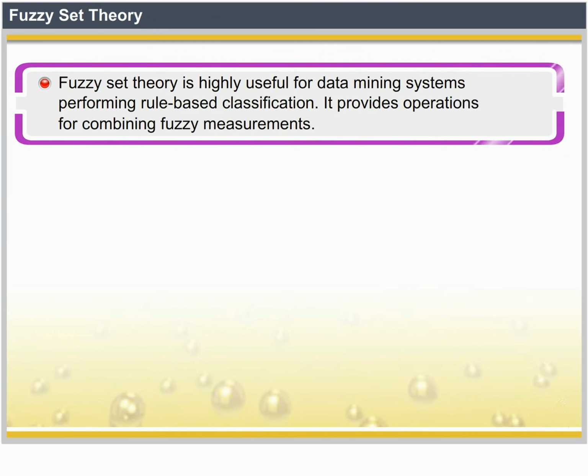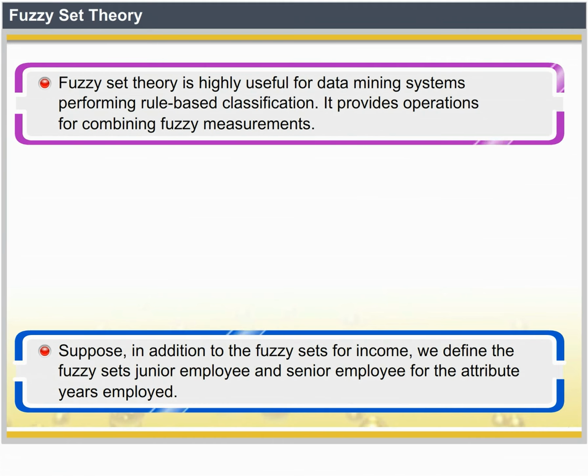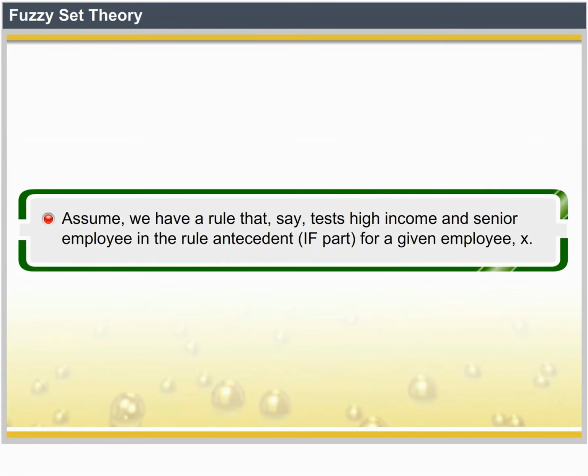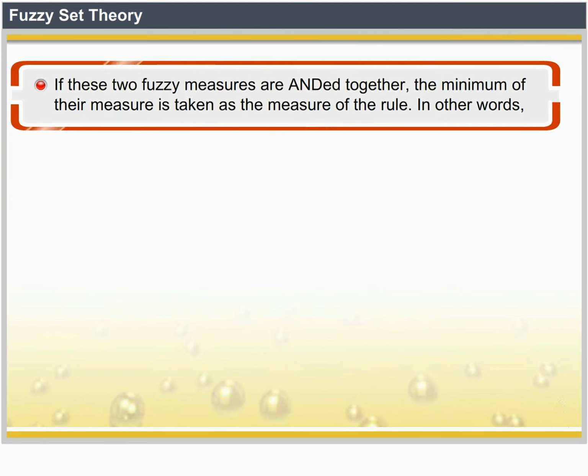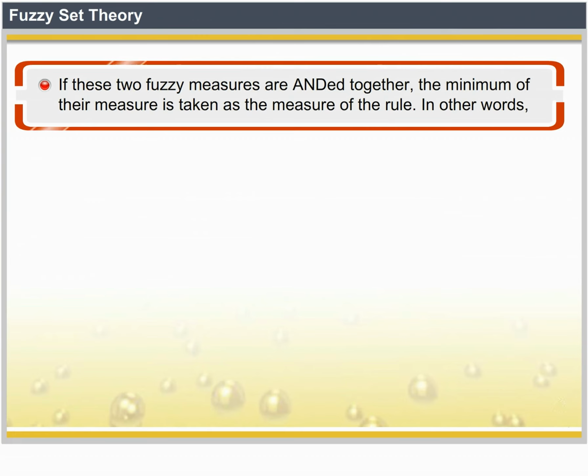Suppose that in addition to the fuzzy set for income, we define the fuzzy sets junior employee and senior employee for the attribute years employed. Suppose also that we have a rule that tests high income and senior employee in the rule antecedent, the if part, for a given employee X. If these two fuzzy measures are ANDed together, the minimum of their measures is taken as a measure of the rule.